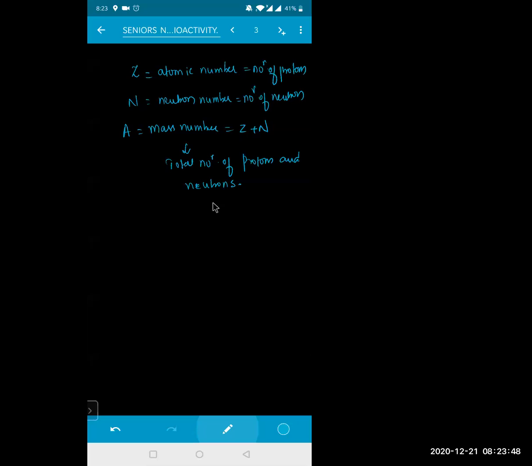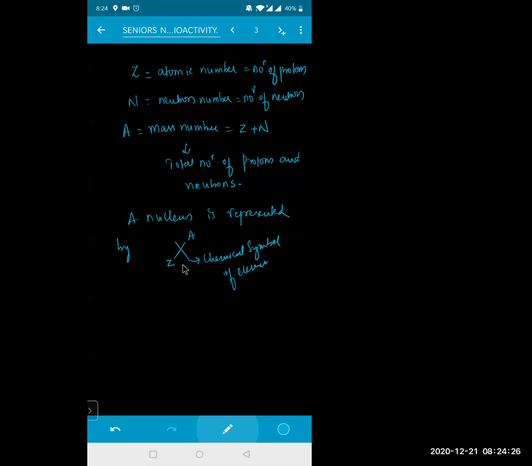Symbolically, a nucleus is represented by X with Z and A, in which X is the chemical symbol of the element, A is the mass number, and Z is the atomic number.